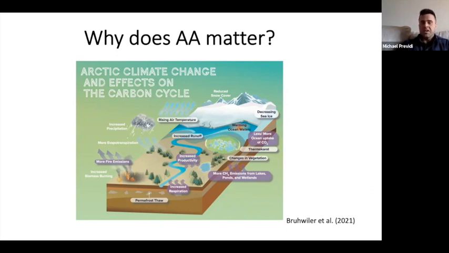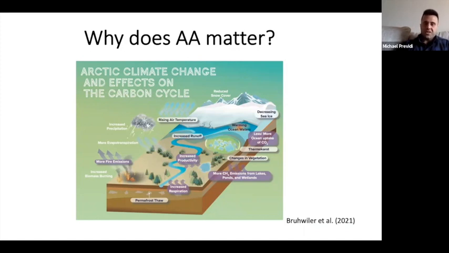And so any changes in those fluxes of CO2 and methane between the ocean and the land and the atmosphere could affect greenhouse gas concentrations in the atmosphere, and therefore can be a feedback on climate warming.